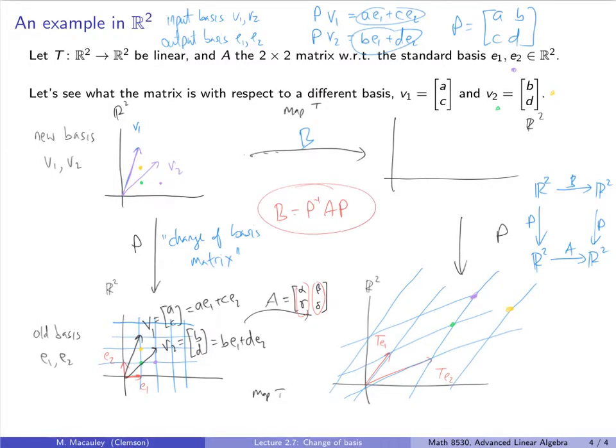Equivalently, we could write that A equals P B P inverse. And the moral of the story is that P is the change of basis matrix where the columns of P are the coordinates of our new basis with respect to our old basis.